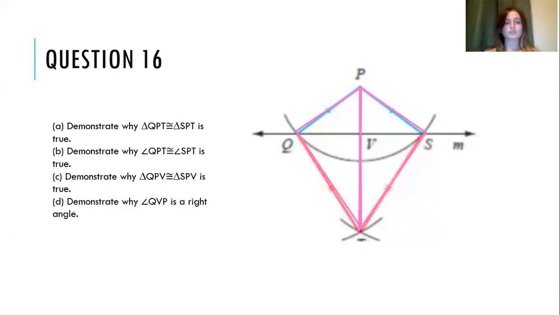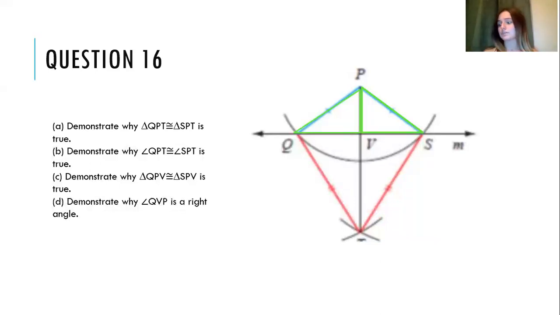And for part C, we have to demonstrate why triangles QPV and SPV are congruent. So let's look at them. Here we have the two smaller triangles. If we were to fold QPV over, it would fit exactly on top of triangle SPV because they are the same shape and size.